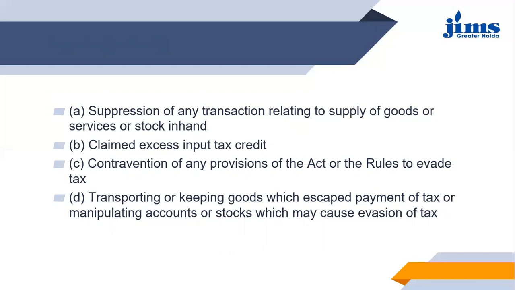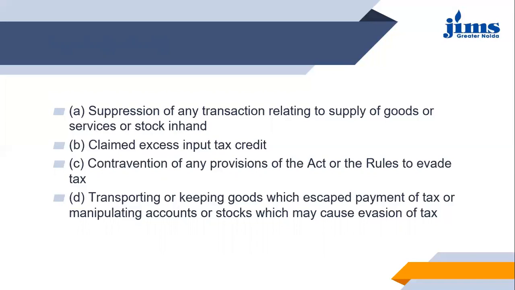Then contravention of any provisions of the act or the rules to evade tax. In any case, if it has been found that tax evasion has been done, or transporting or keeping goods which escaped payment of tax, or manipulating accounts or stock which may cause evasion of tax. Any movement of goods, like goods under transportation, or keeping or storing goods which have escaped the payment of tax, or goods moving in transport on which tax has been evaded.